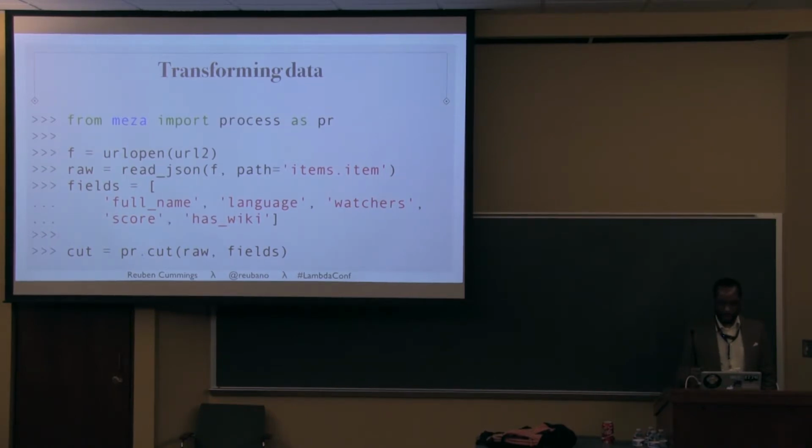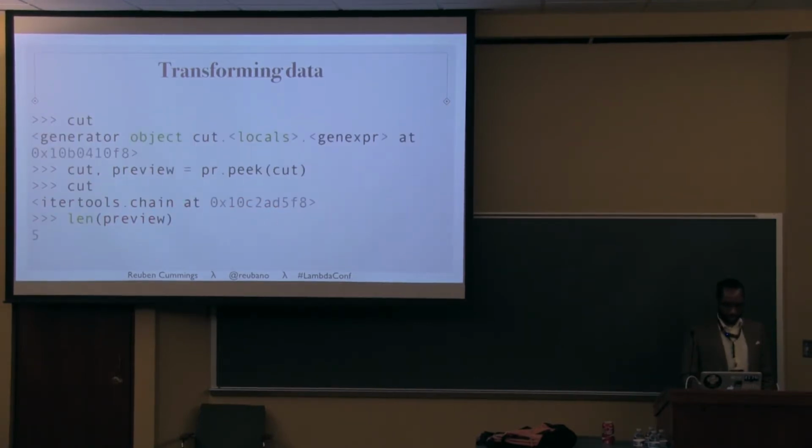If you remember from the GitHub API JSON, there's maybe 20 or 30 different fields for each repository, and in this case we only want 5 fields. So you give it the iterator that was returned by read JSON, and then the list of fields that you want to display.